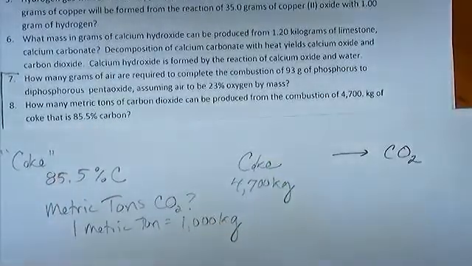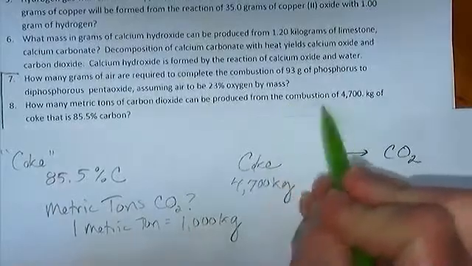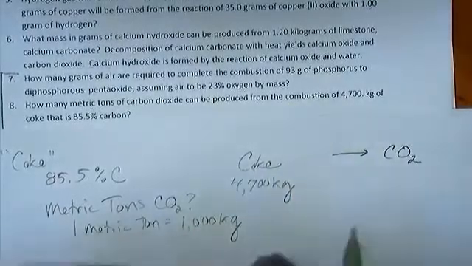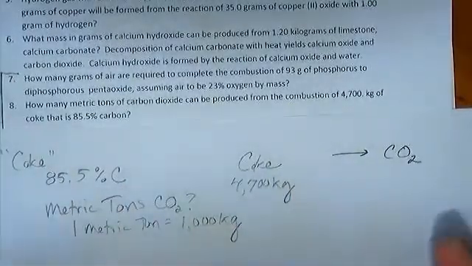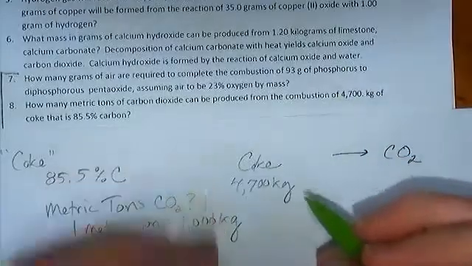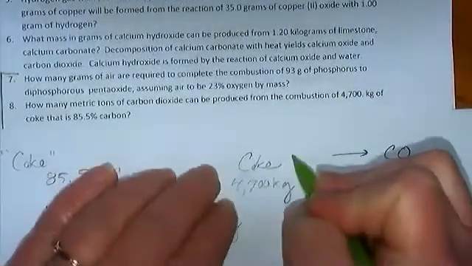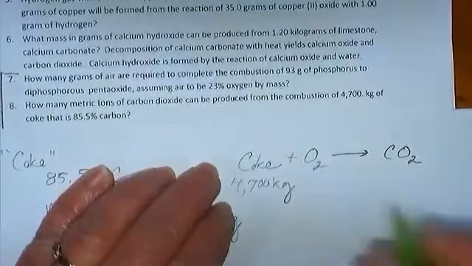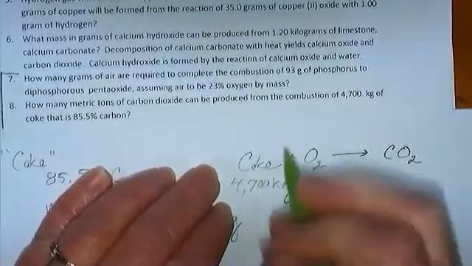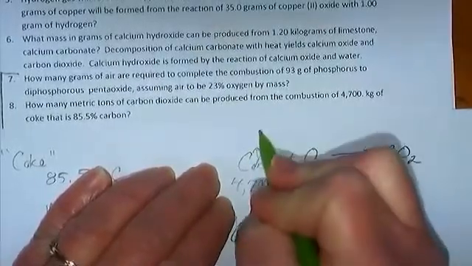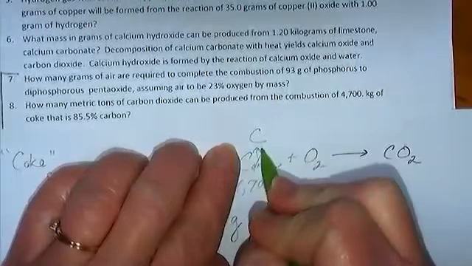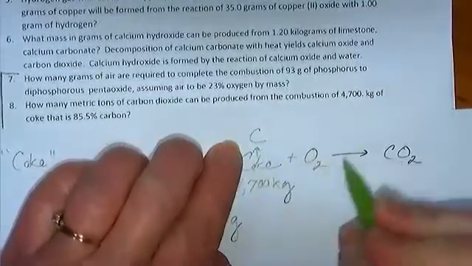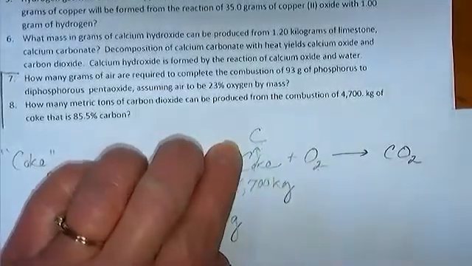Okay, again, we're getting that combustion. Well, we know combustion is burning, and we usually have a fuel that is then being reacted with oxygen. So the coke is providing the carbon that is then reacted with oxygen to produce carbon dioxide.